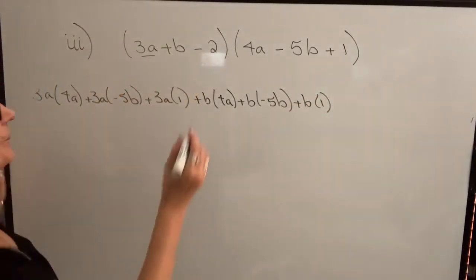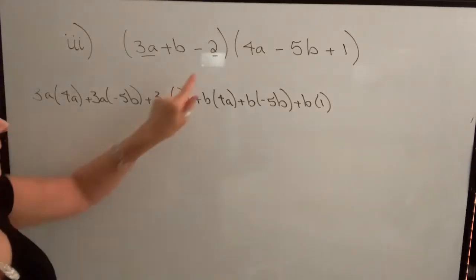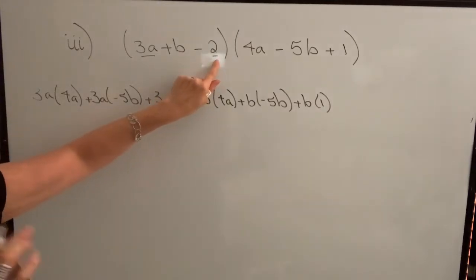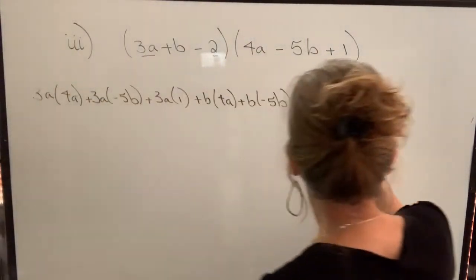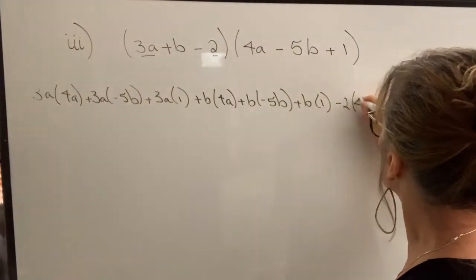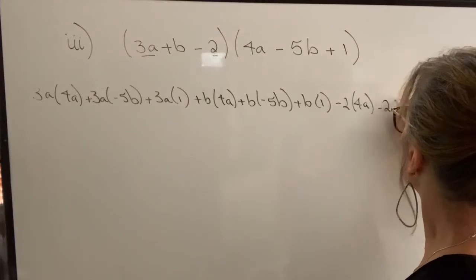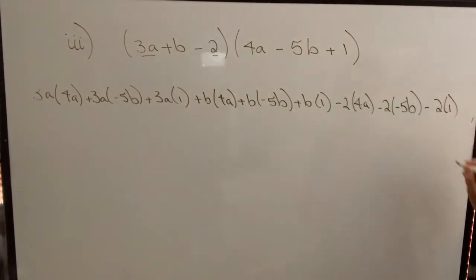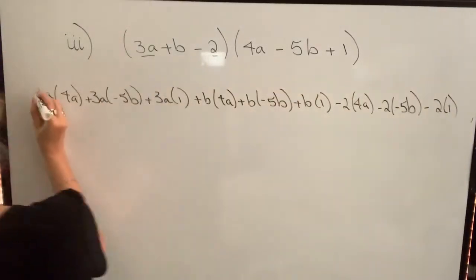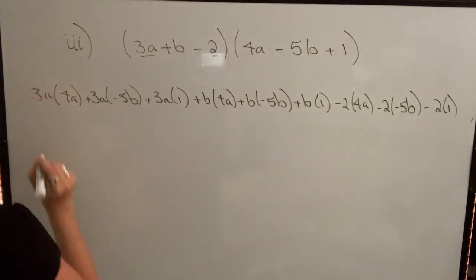And lastly, I take the last term of my first polynomial and multiply to each term in the second polynomial. Now I'm going to simplify, combine everything, and then combine like terms.